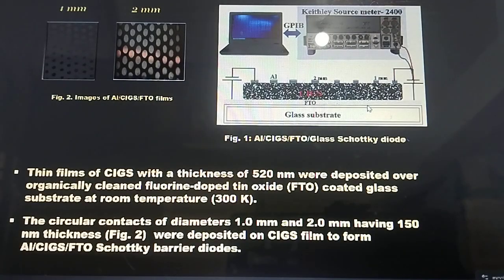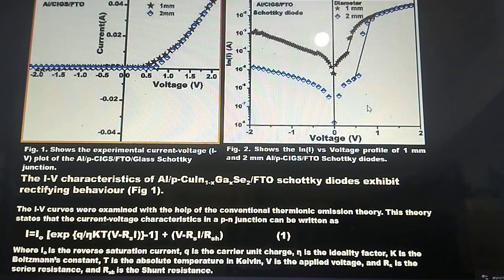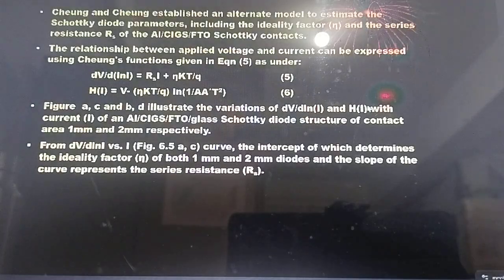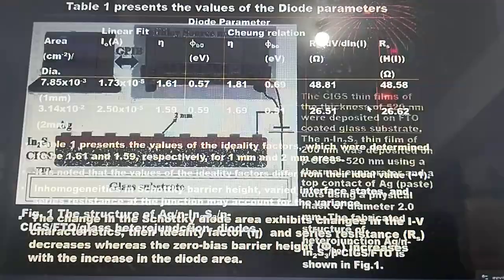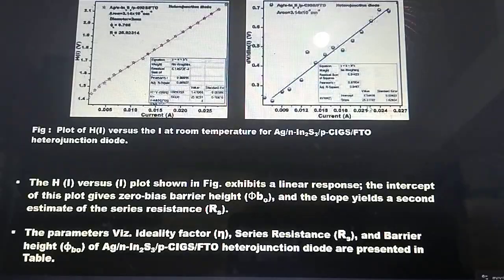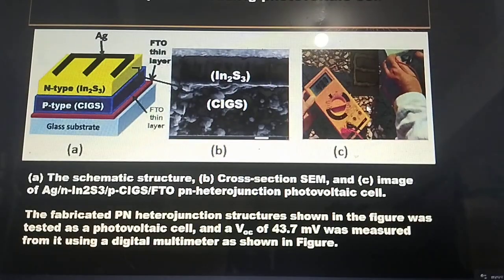Then the diodes were fabricated, IV characteristics were measured, and finally this solar cell was also tested. And see, this is in the open sun. We tested the VOC and ISC, so they are there.